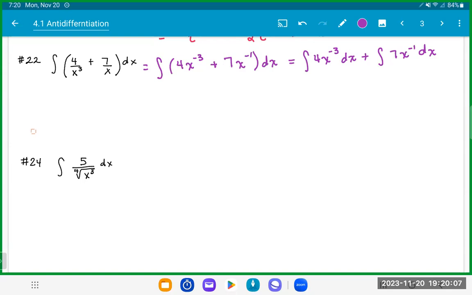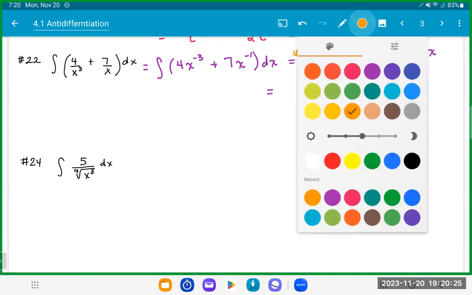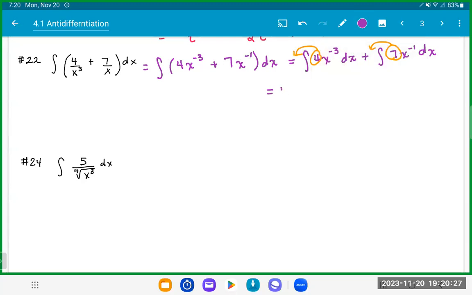Okay. So when we simplify that, for the first one, we have the 4, we could bring the 4 out. Let's go ahead and do that. We can also bring this 7 out. So this is going to give me 4 times x to the negative 3 plus 1, and we have negative 3 plus 1 in the denominator.